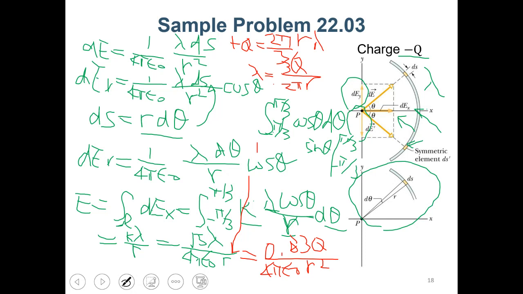K lambda over r. Okay, you can simply ignore this part. K is 1 over 4 pi epsilon 0, lambda is here, r is here, and then this part is square root of 3.